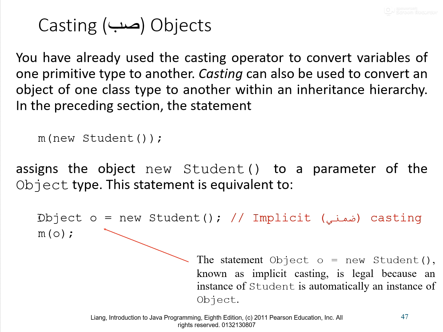But we can actually also use a reference to any class that is a superclass in the hierarchy of Student. This is perfectly all right, and it is what we call implicit casting. We ourselves are deciding that we're casting the Student object to a reference of one of its superclasses, in this case the Object class.